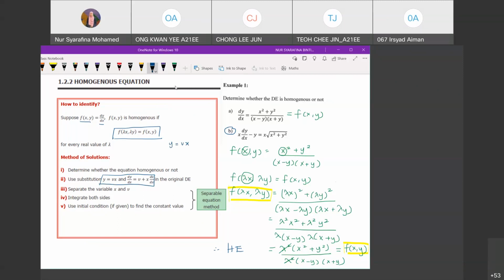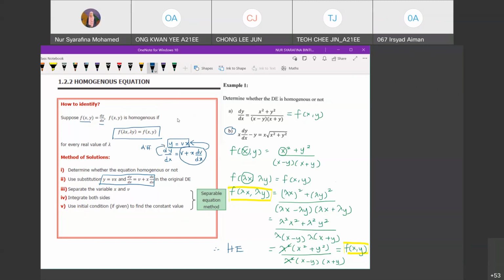Then differentiate this, and you get dy/dx equals v plus x dv/dx. This is obtained by differentiating vx using the product rule.